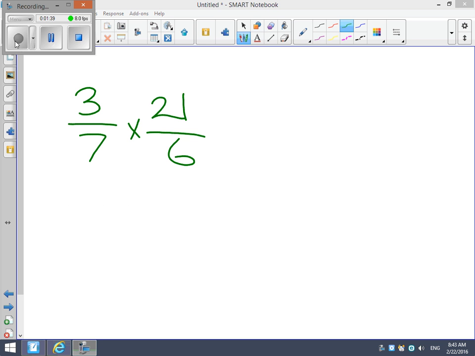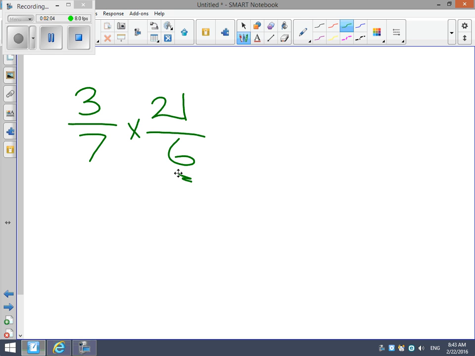So if we were going to use this set of fractions, 3/7 times 21 over 6, we look for a numerator and a denominator that has a common factor. So if I was just to start with a 3 and the 7, I would say, okay, 3 and 7 are not common factors. 3 goes into itself, but it definitely won't go into 7. But if I stick with that 3 and I use the other denominator, the 6, I should be aware that 3 goes into 6 twice.